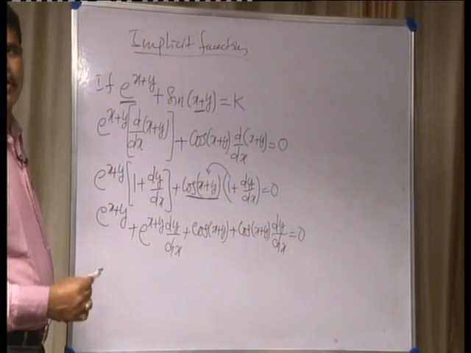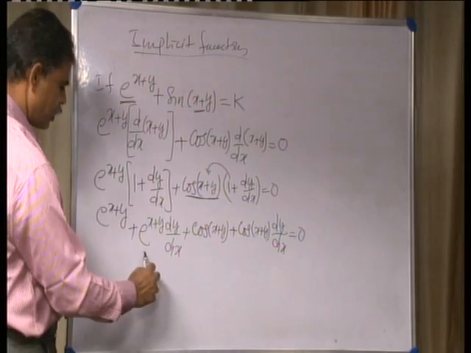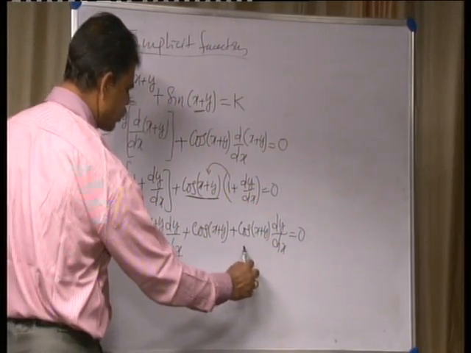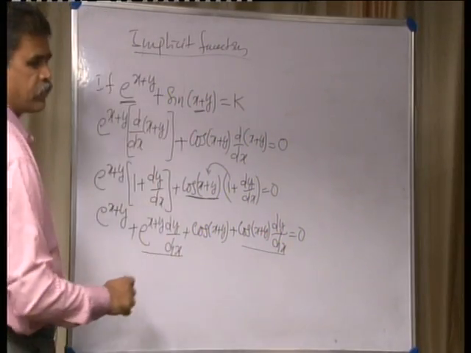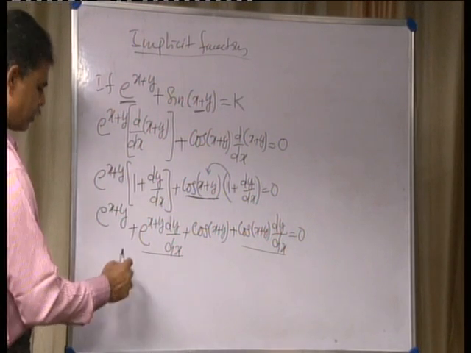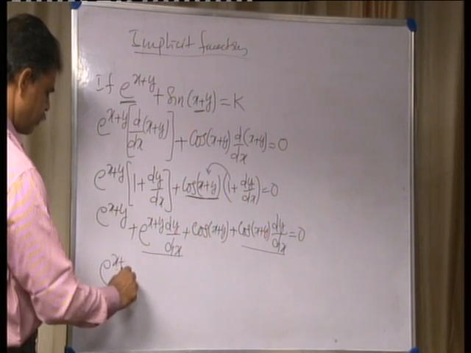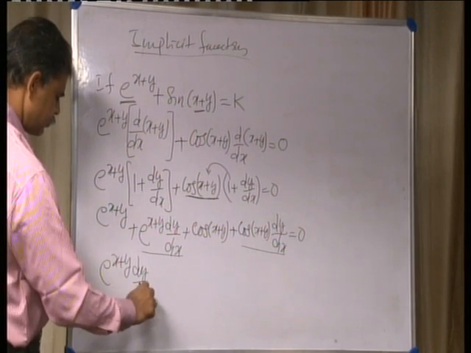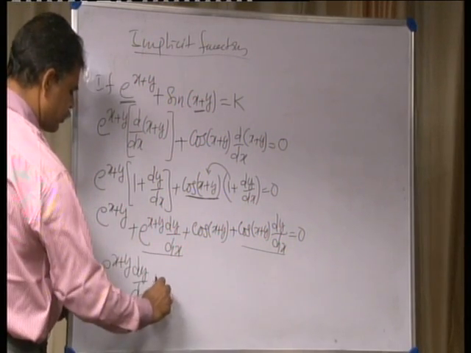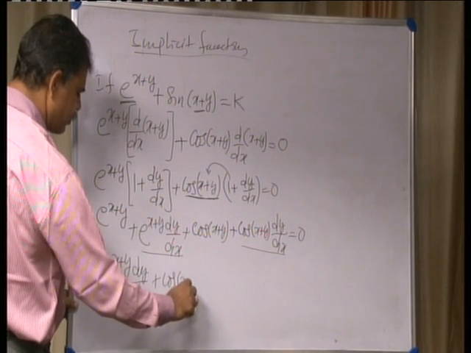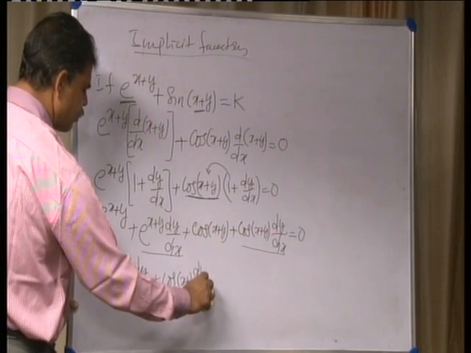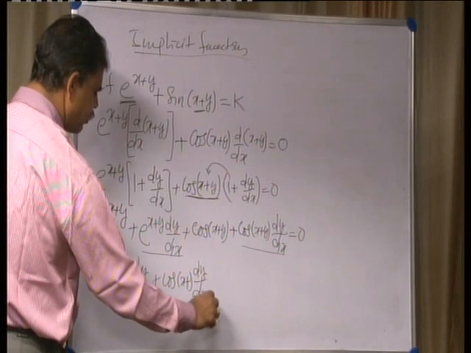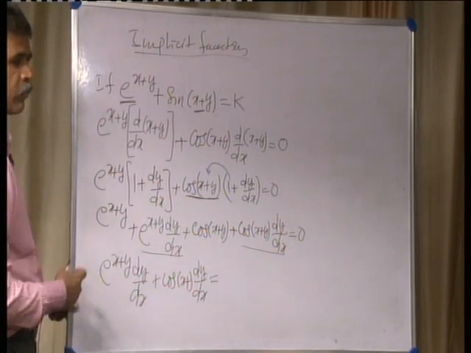So, we have removed all the brackets, then we have to collect all dy by dx terms together and the others to the other side. So, e to the power of x plus y into dy by dx, then plus cos of x plus y into dy by dx is equal to the terms which do not have dy by dx.